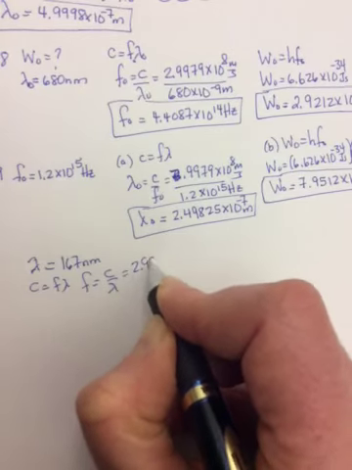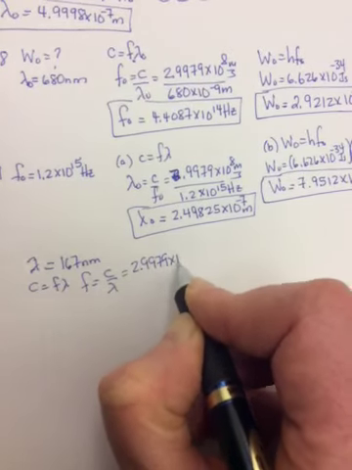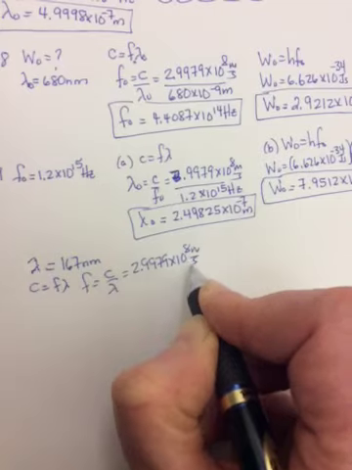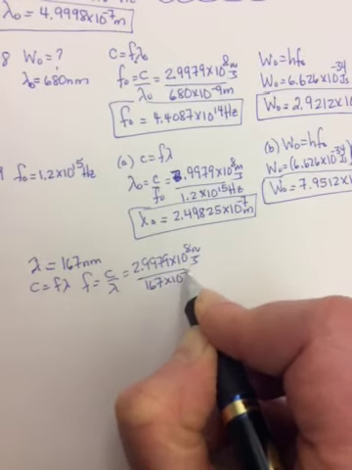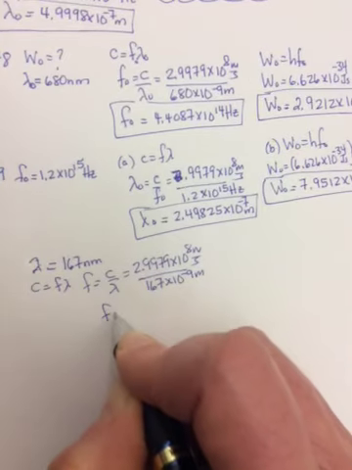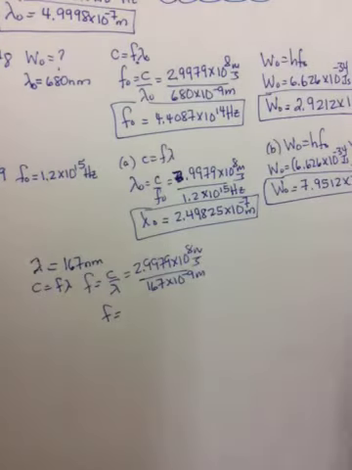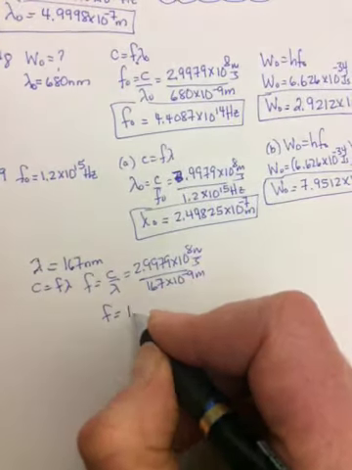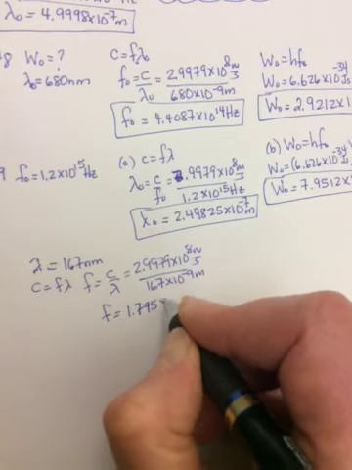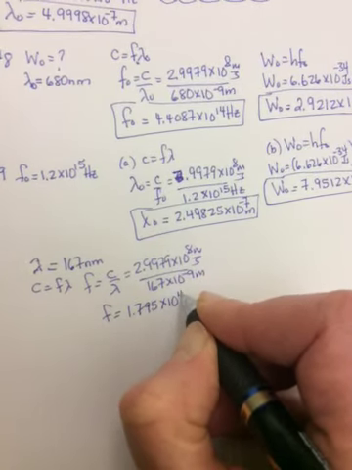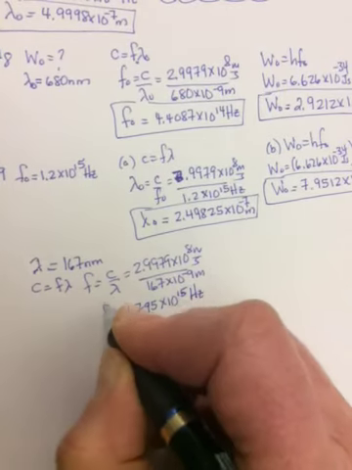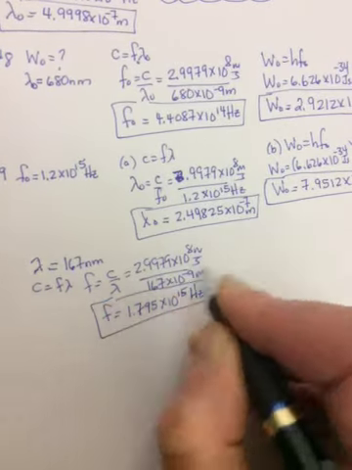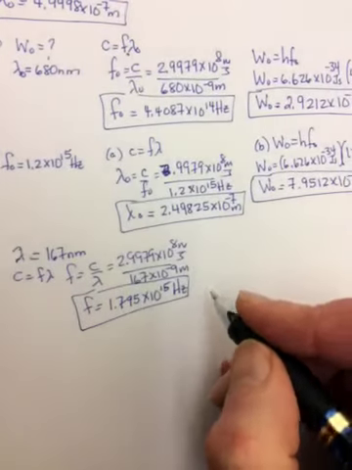So 2.9979 times 10 to the 8th meters per second divided by 167 times 10 to the negative 9 meters, and we get a frequency of 1.795 times 10 to the 15th hertz. I'm so used to doing 14 that I was just assuming. Okay, so that's my frequency.